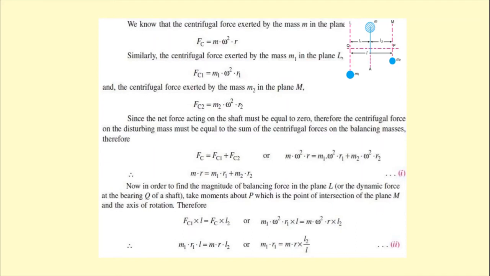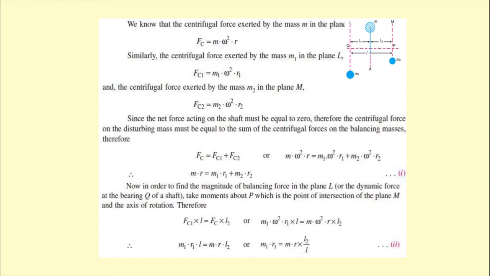Now if we place the masses in such a way that Fc equals Fc1 plus Fc2, because Fc1 and Fc2 are the counteracting, balancing forces that will balance Fc, the disturbing force created by the disturbing mass with a particular radius of rotation, then we get equation 1, that is m omega square r equal to m1 omega square r1 plus m2 omega square r2, or after elimination of the term omega square, m r equal to m1 r1 plus m2 r2.